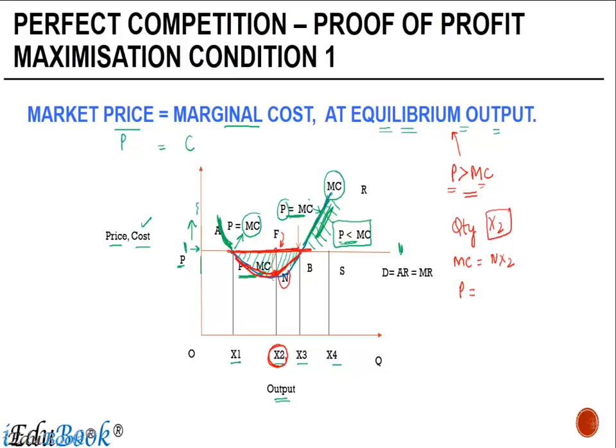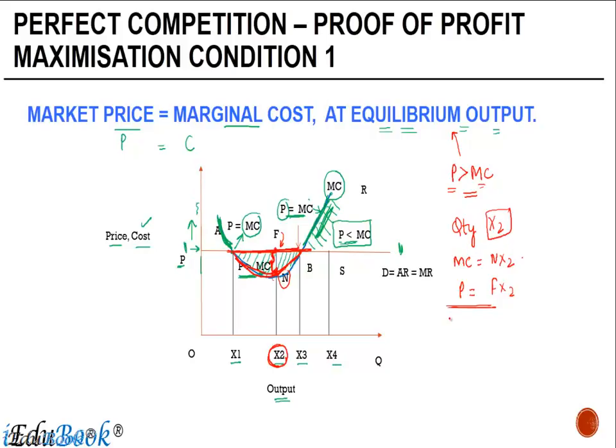F is nothing but a point on the price line. So the price here is fx2. If the price is fx2 and the marginal cost is nx2, we see that there's a difference between the price and the cost. If the price is greater than the cost, the producer will keep on producing more.